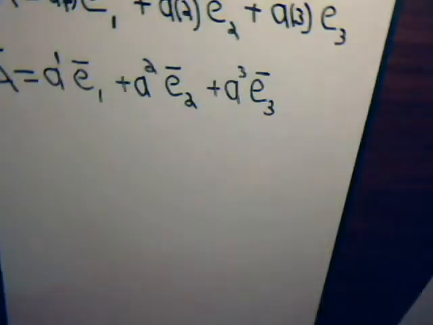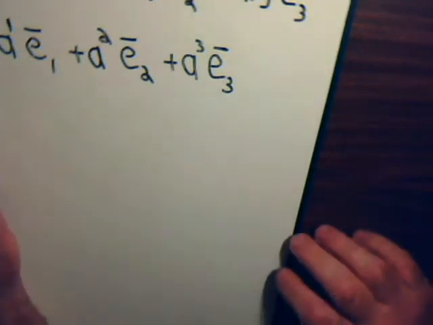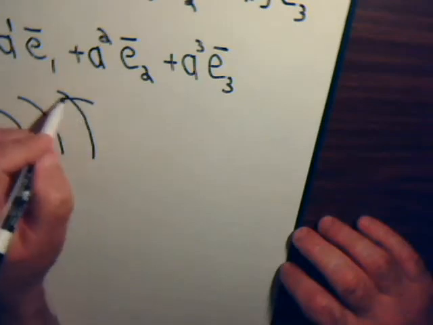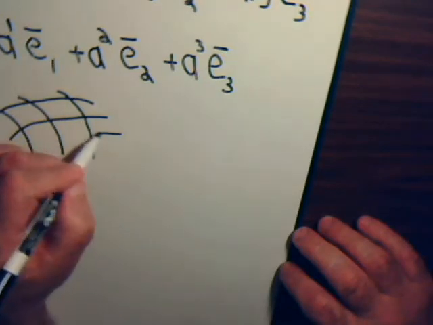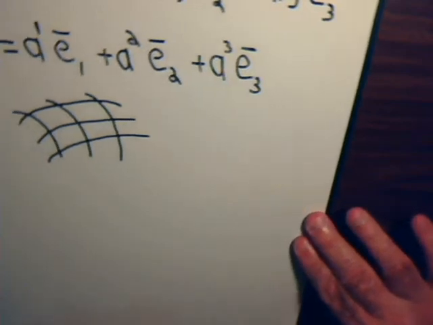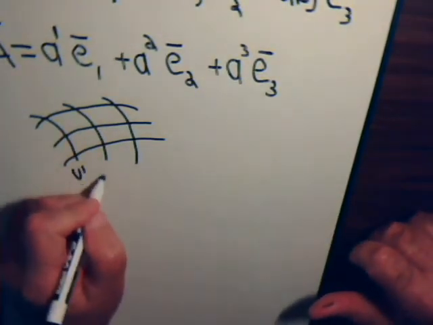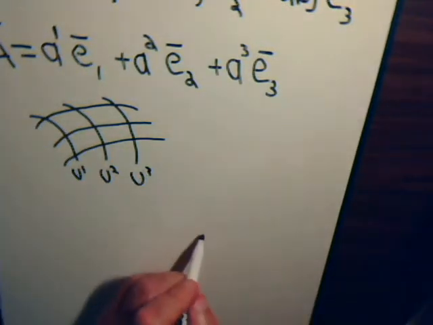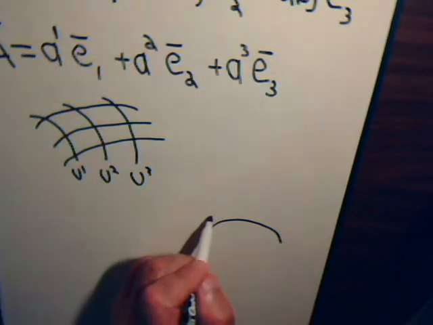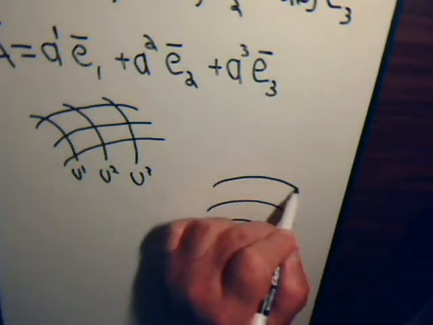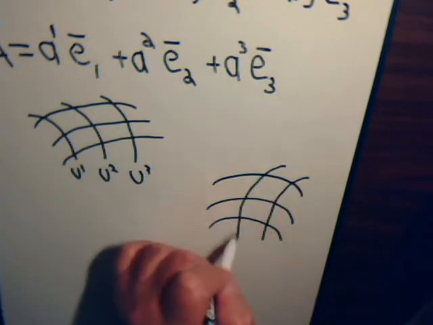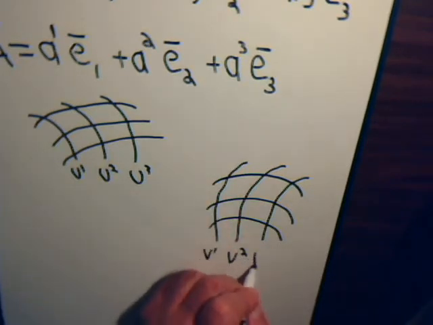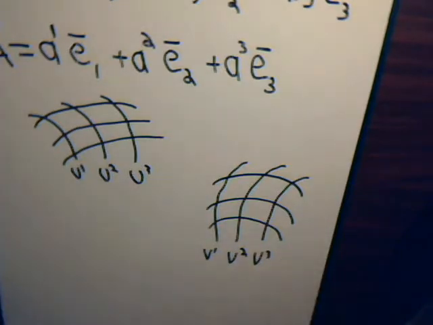Now what we haven't explained is this. Let's say we have a general curvilinear system like this, U1, U2, U3, and so forth, and we have a different one here, which might be V1, V2, V3, and likewise for these axes.